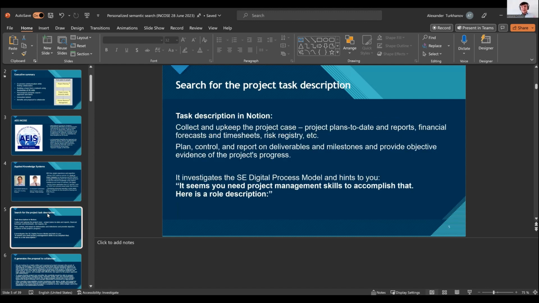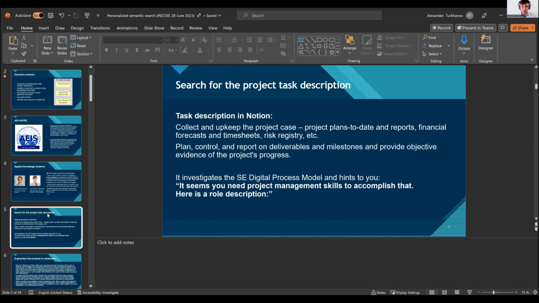Okay, imagine such a scenario. We have a project plan, a system engineering management plan, and I'll take the real task description from Notion, from an actual project we had. It says: collect and upkeep the project case, project plans to date and reports, financial forecast, timesheets, risk registries, and so on.